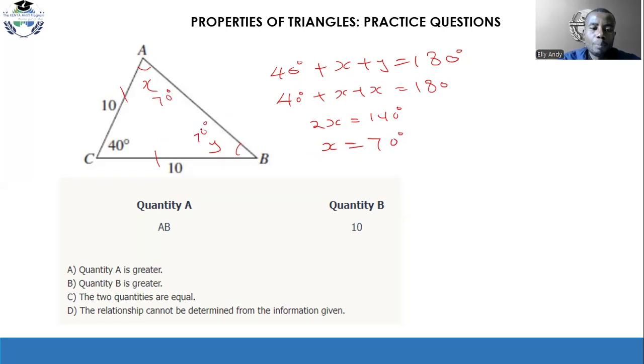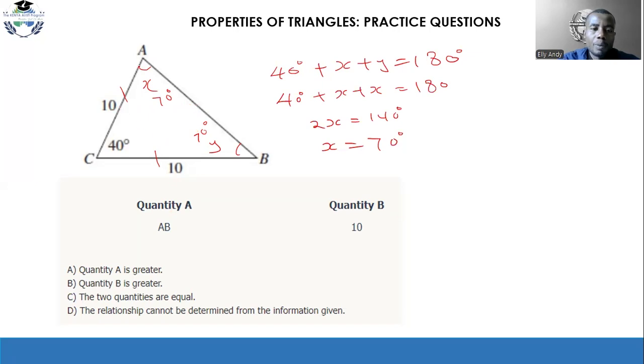Then recall the property that the side opposite the smallest angle is the shortest side, and also the side opposite the biggest angle is the longest. So in this case, the side opposite 40 will be less than the side opposite 70, right?